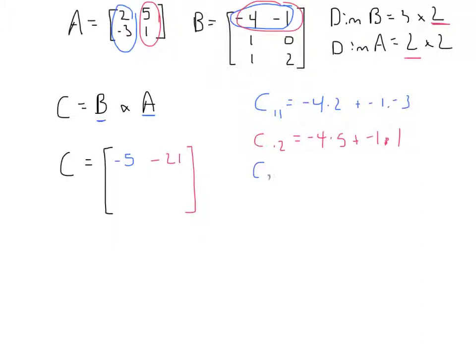And moving right along, C21, we'll be doing this times this. We'll have 1 times 2 plus 0 times negative 3 is 2. C22. We'll have this times this. We'll get 1 times 5 plus 0 times 1, which is 5.